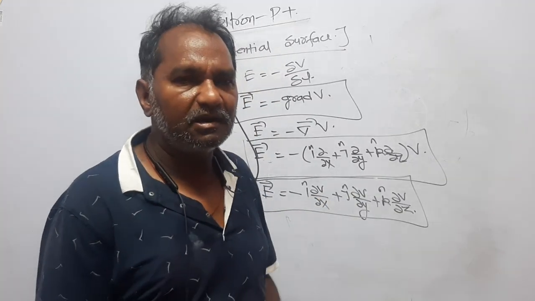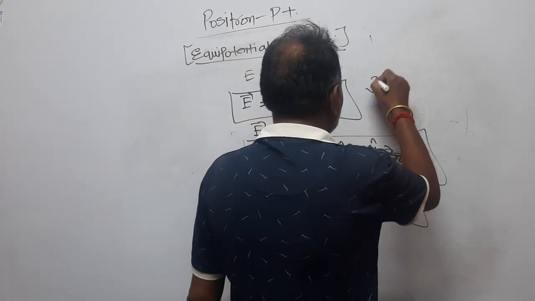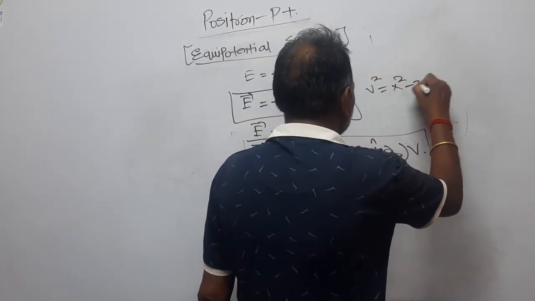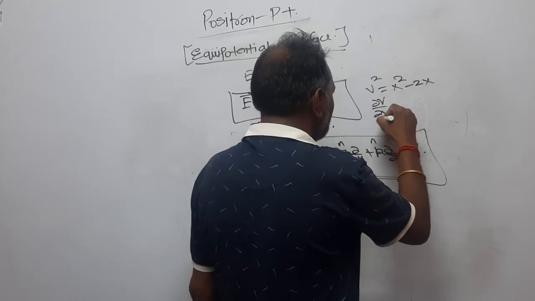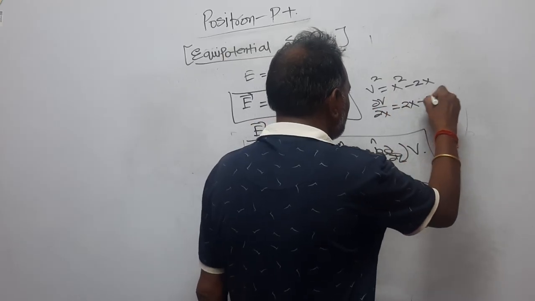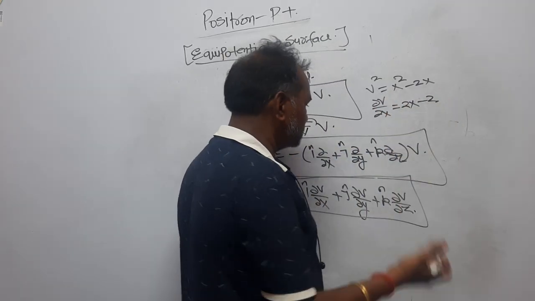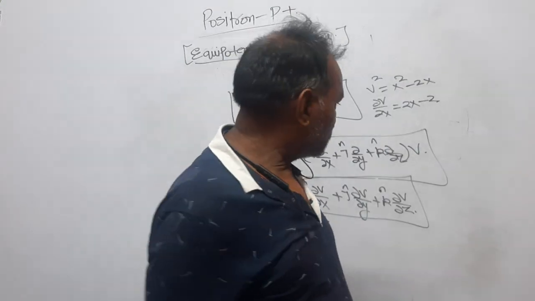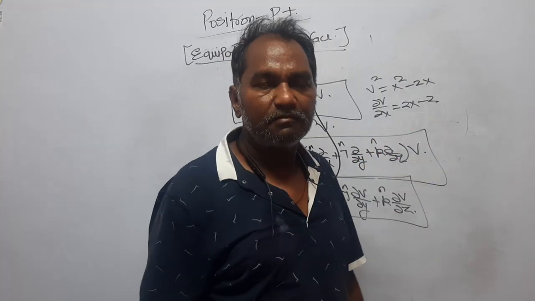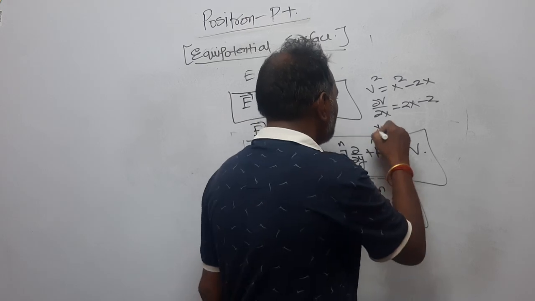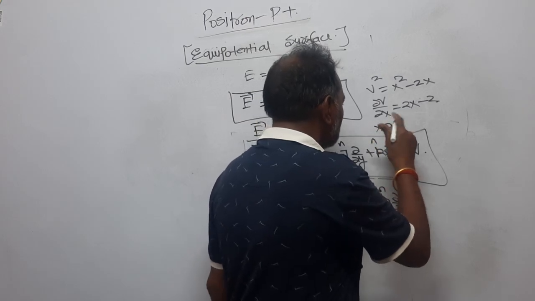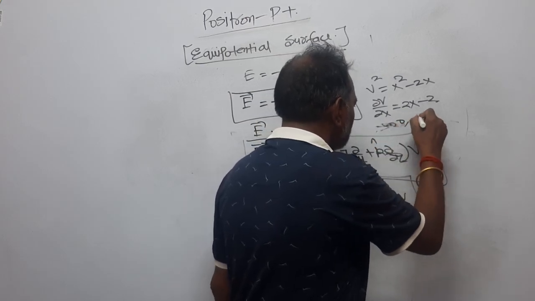We might be given V as x square minus 2x, like this, then you can find del V over del x, which equals 2x minus 2. In a similar way, we might be given in terms of y and z also, and then you have to find the field at, say, x equal to 0.